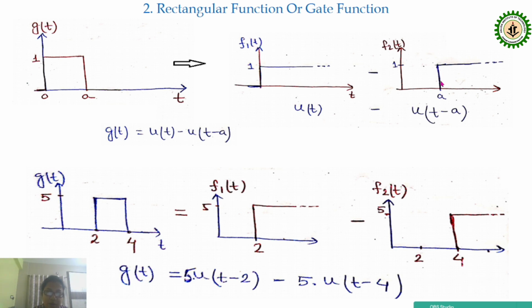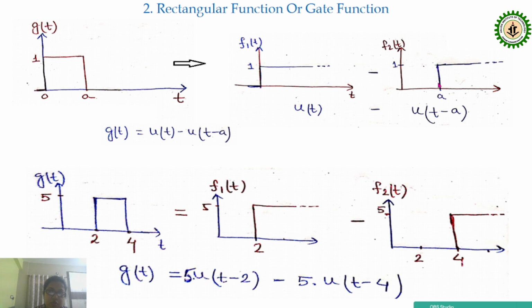So what will happen then? After t greater than a, this part should be cancelled out, and I can keep only the part from 0 to a, because we are subtracting.